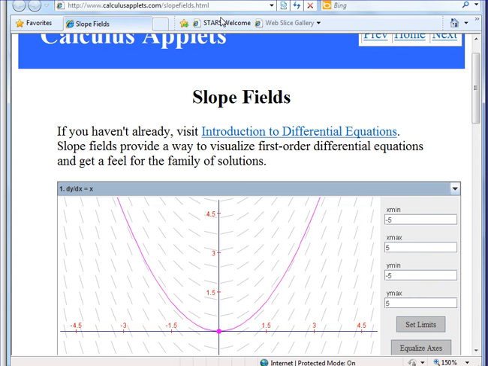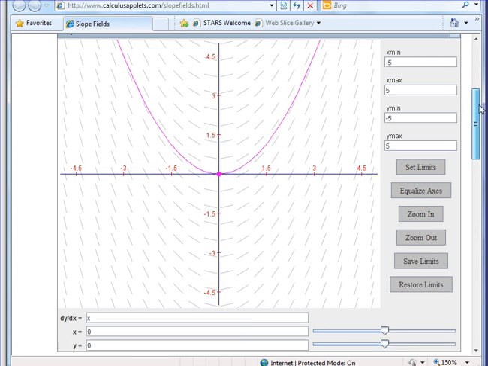You can see right here, if you really wanted the URL, http://www.calculusapplets.com/slopefields.html. What's really cool is you can change your window from -5 to 5.